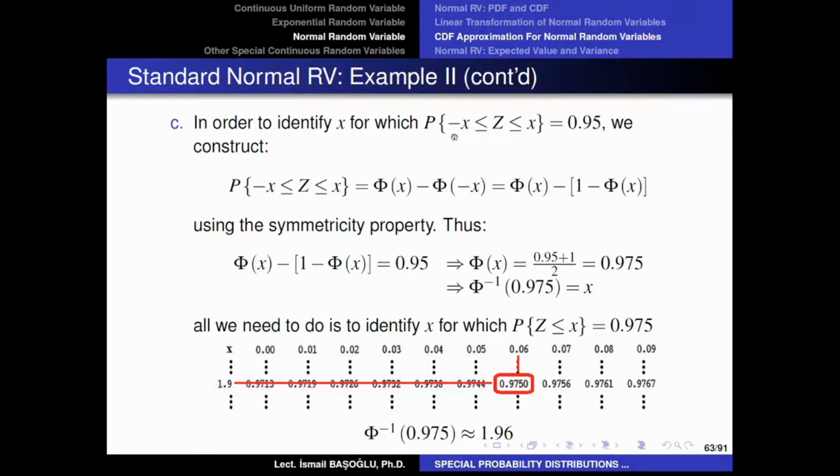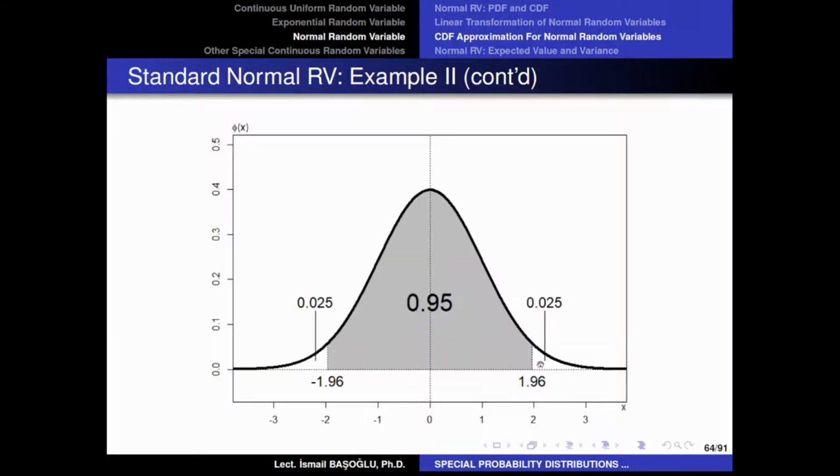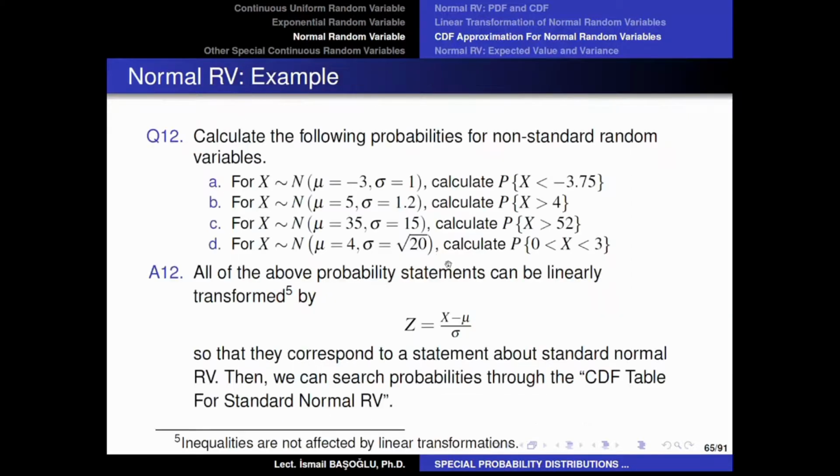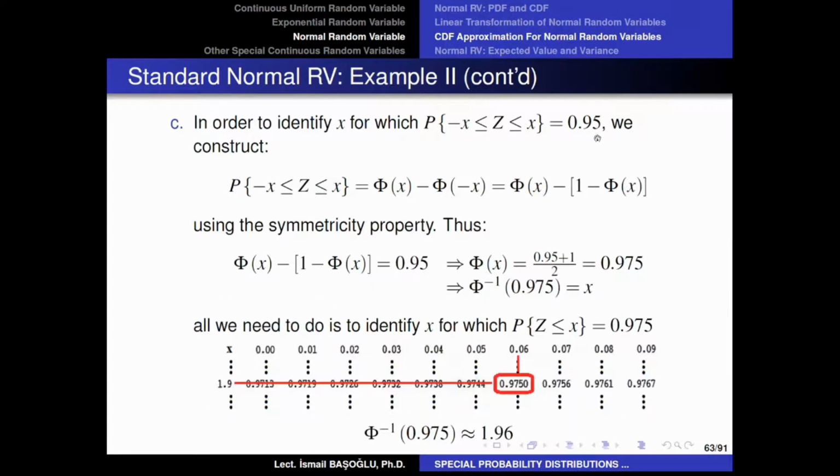So this difference is basically the total area on the left-hand side of 1.96 minus the total area on the left-hand side of minus 1.96. Now, this is going to be exactly equal to 0.95, my friends.